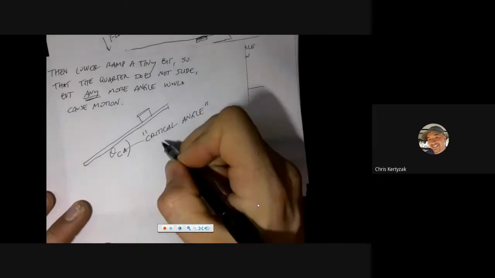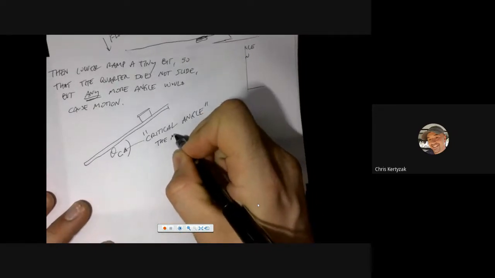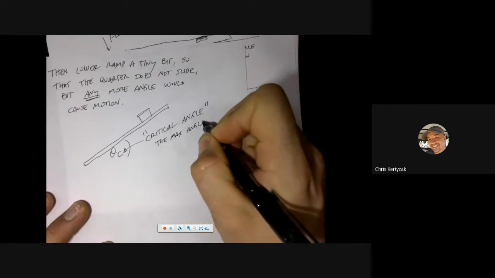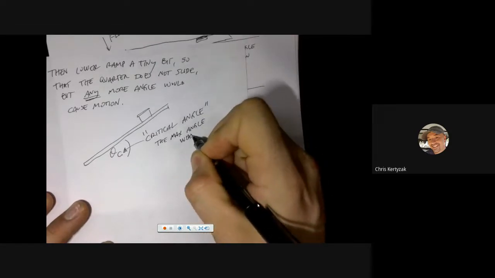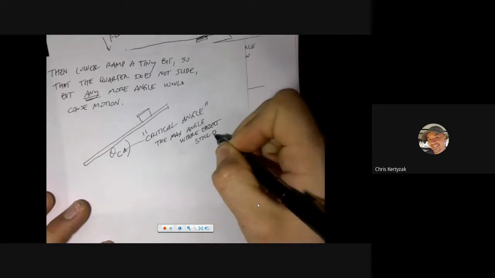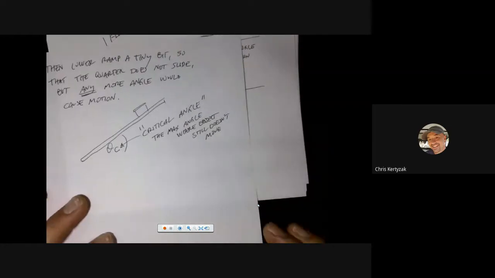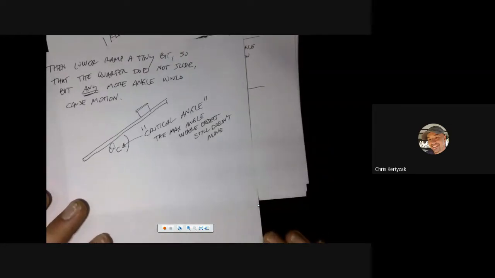The critical angle is, again, that angle, the maximum angle where the object still doesn't move. Any more, it's going to go. Called the critical angle.